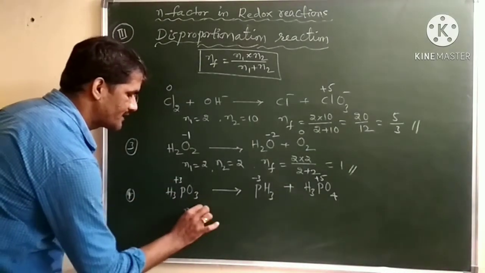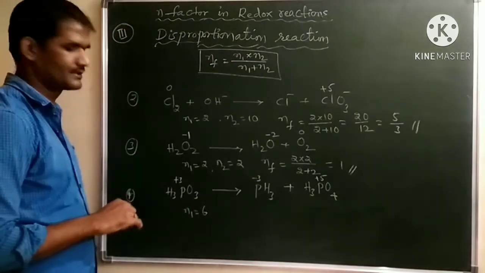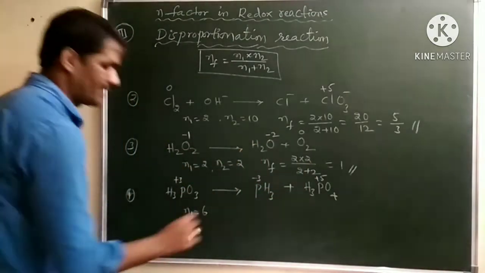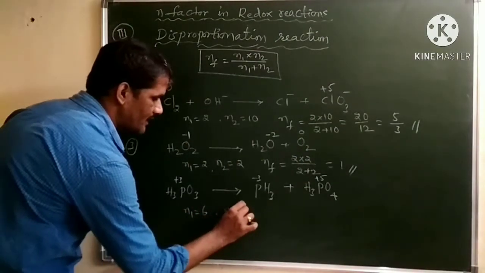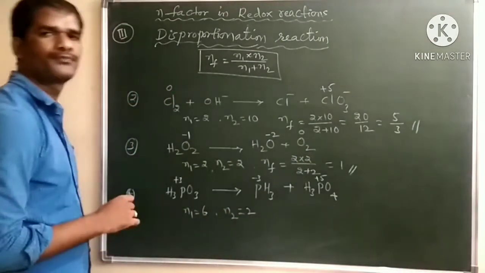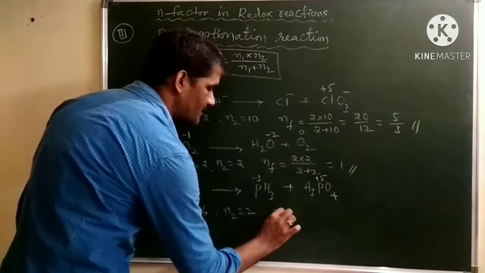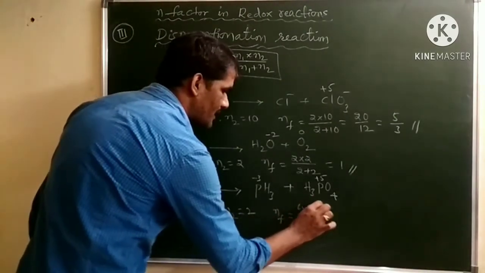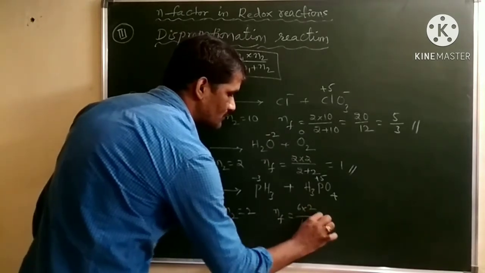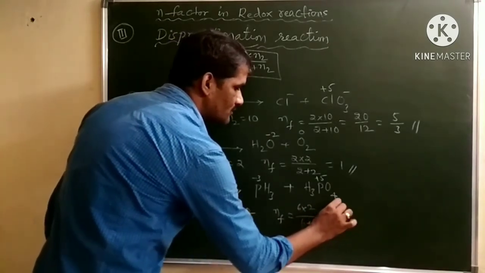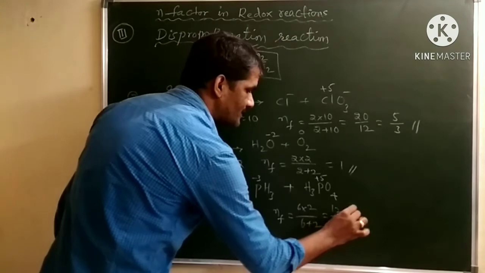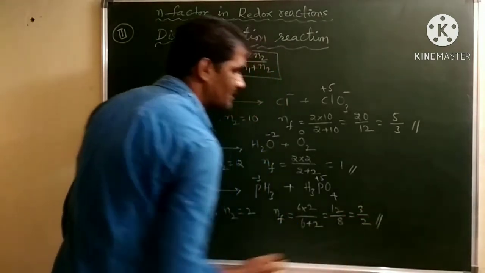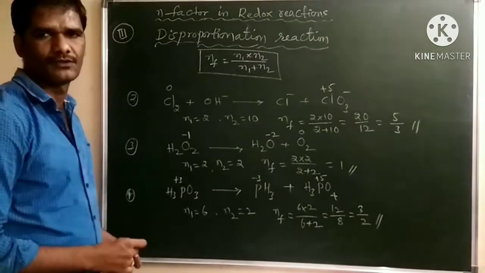How much decreasing? 6, so N1 is equal to 6. Next, +3 to +5 is increasing oxidation state. How much increasing? N2 is equal to 2. Now again the overall N factor is 6 into 2 by 6 plus 2. So that will give 12 by 8. So overall 3 by 2 is the N factor for this H3PO3.